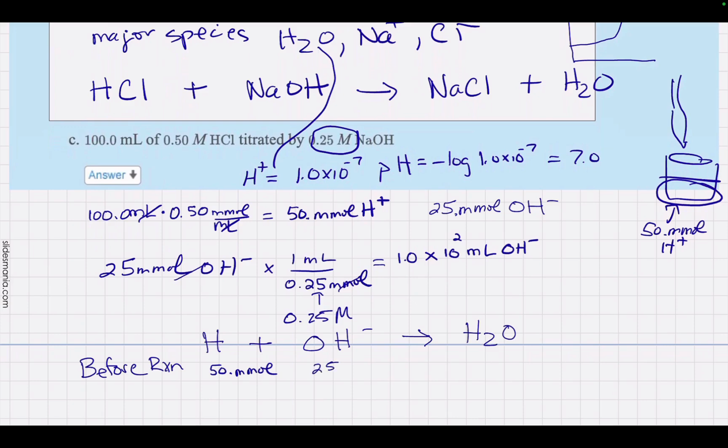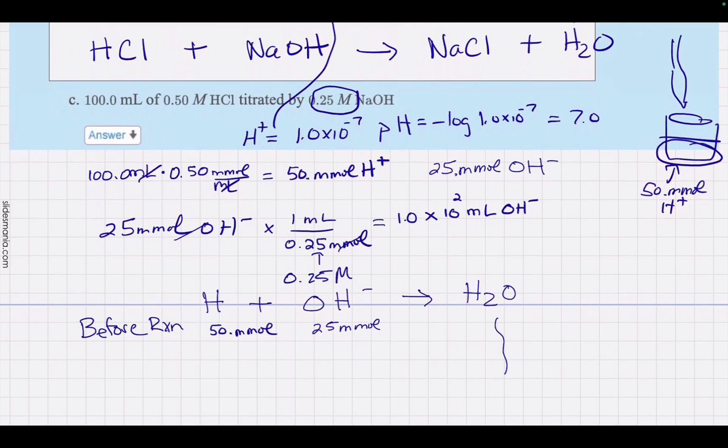We're going to ignore water. You can see that your limiting reactant is the hydroxide. It's going to get all consumed. So after the reaction, you will have no hydroxide ions, but you will have 25 millimoles of the hydrogen ions left over.